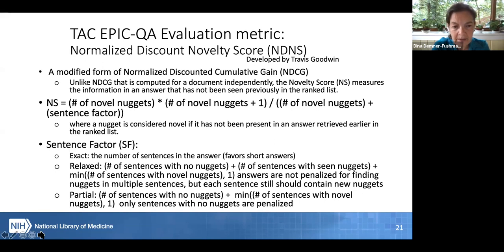And there are different penalties. There are three flavors of the metric, and the penalties for not presenting a new nugget are different in these three flavors. In the first one, that is the strictest, you have to present only new nuggets in every answer that is ranked at the top, and then it relaxes.